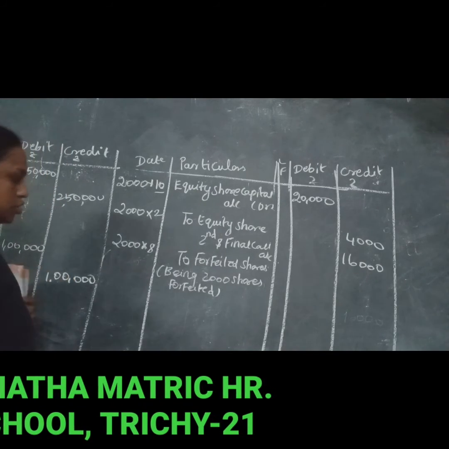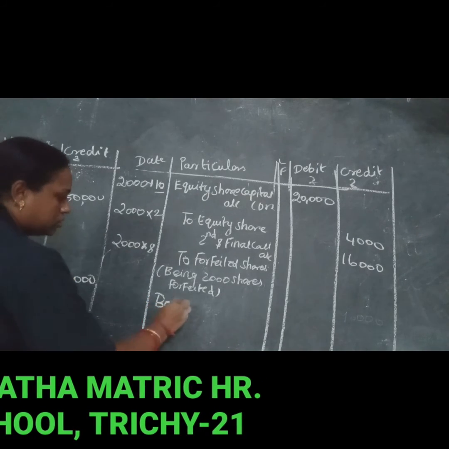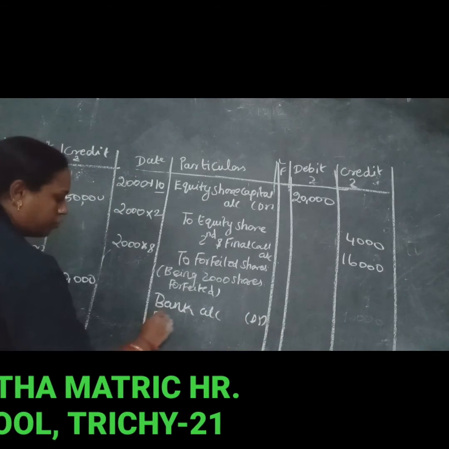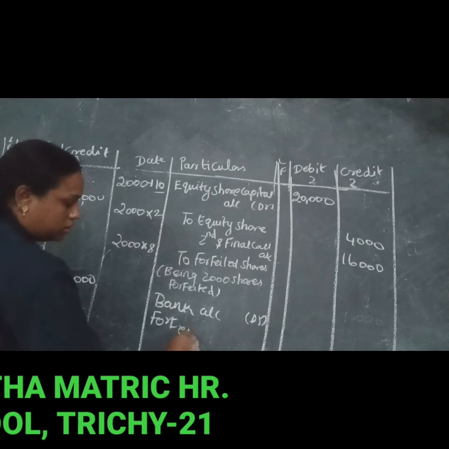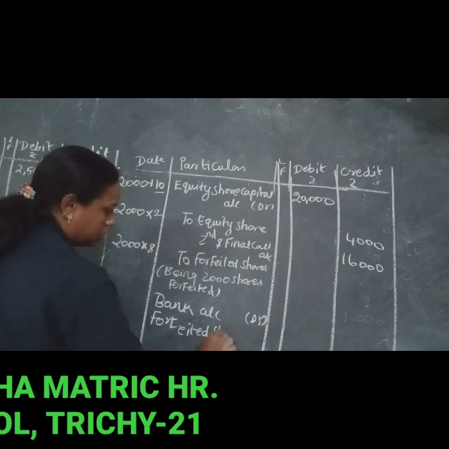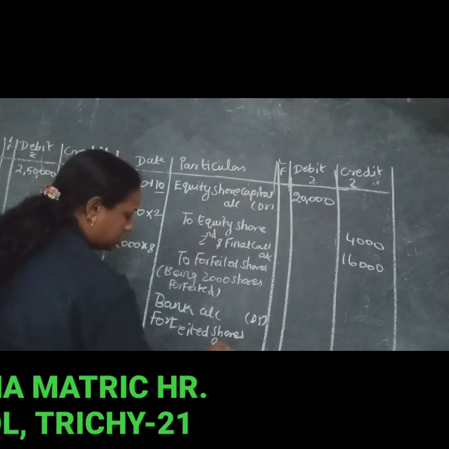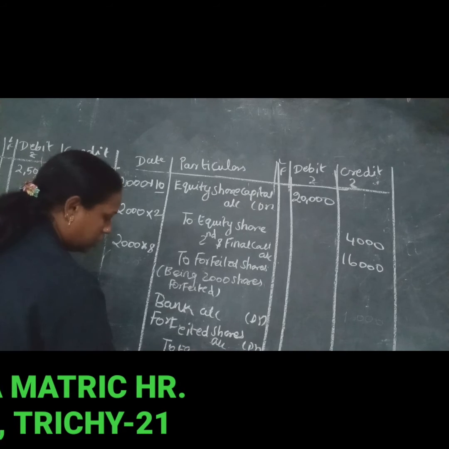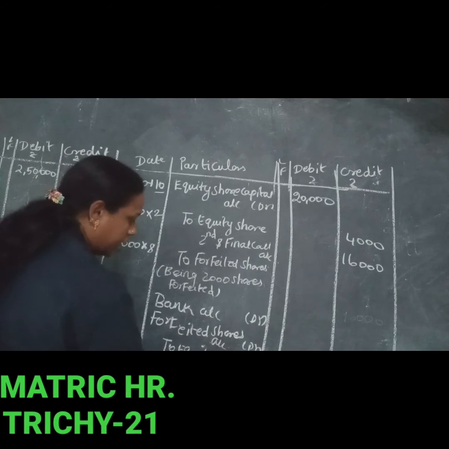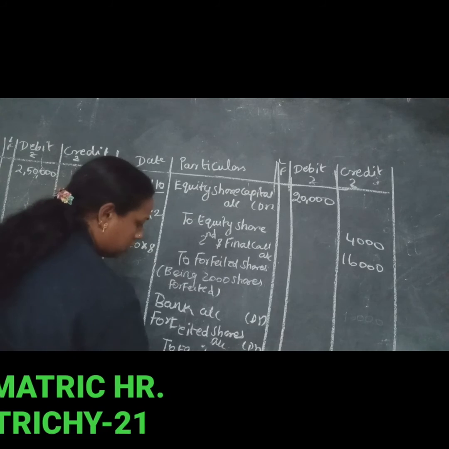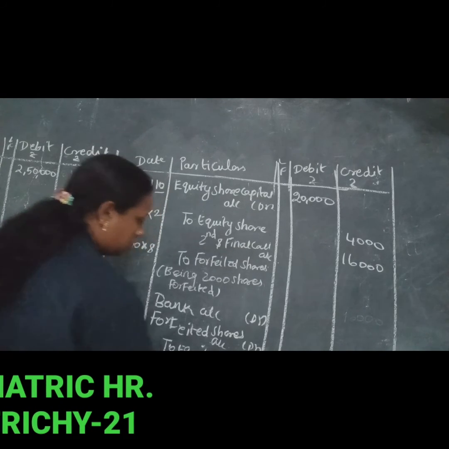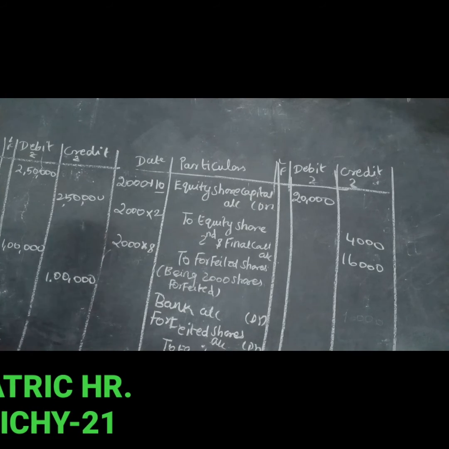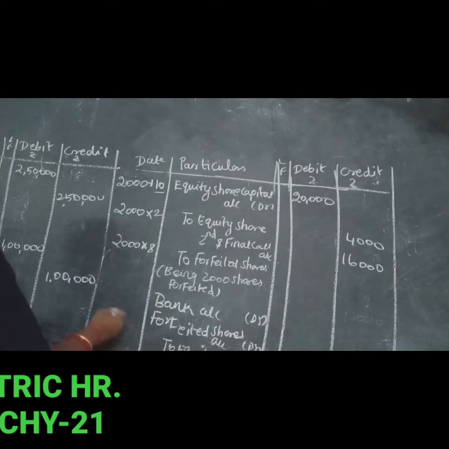The next entry is the reissue entry. What is the reissue entry? Bank account debit, forfeited shares account debit to equity share capital. So 2,000 shares that were forfeited are reissued at the rate of 8.